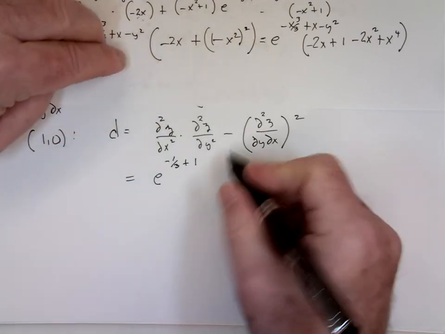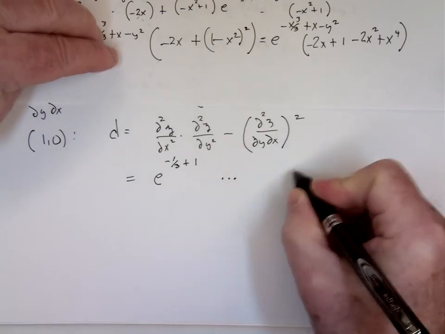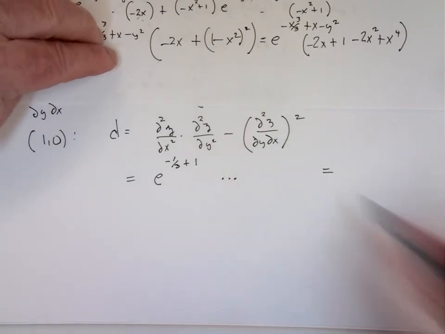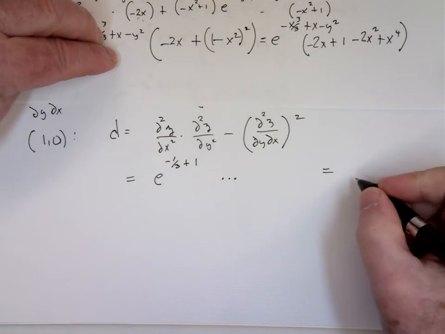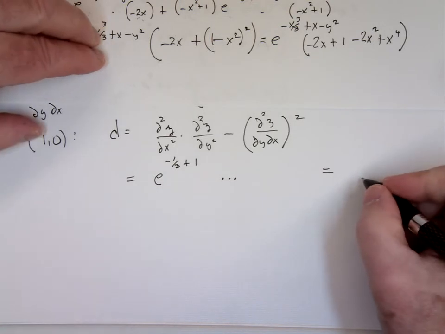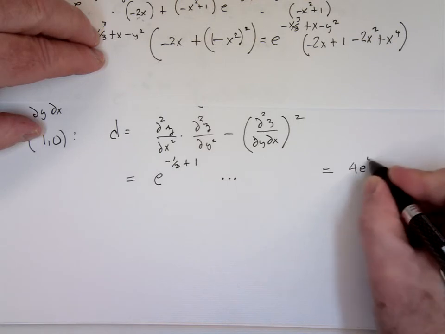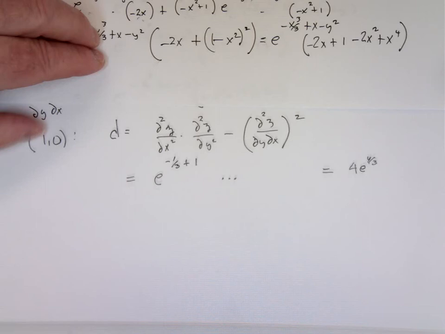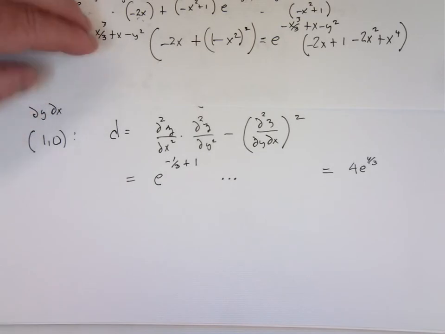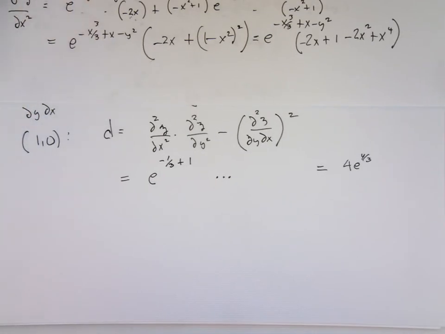What do you get for D here, Dan? Positive one is 4 times e to the 4/3. That is so cool. All right, that is D.